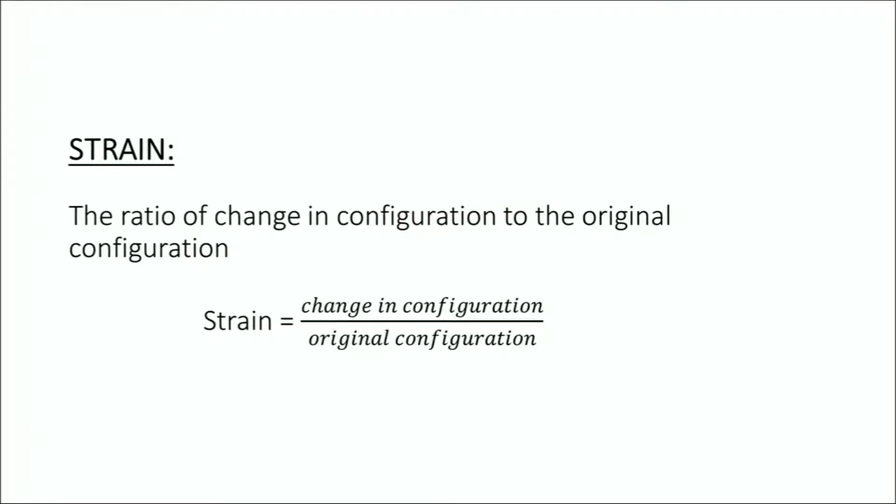So, I can take the ratio of its change to its original configuration of the length, which gives you a proper terminology for the strain. Therefore, we can state that the ratio of change in the configuration to the original configuration is a strain. After applying a longitudinal stress, there is a change in the length, and the original configuration was also a length.